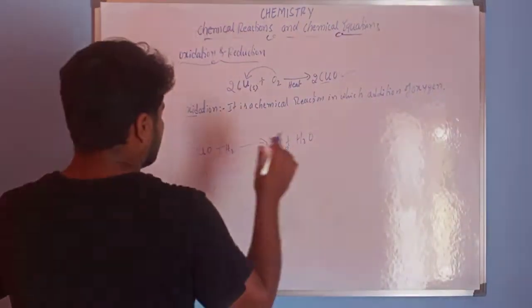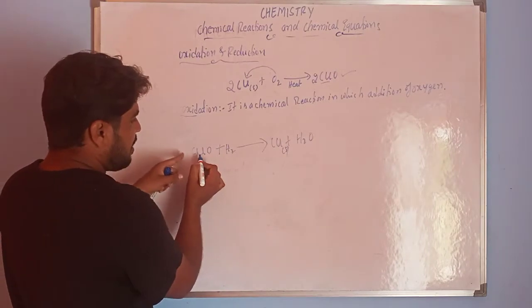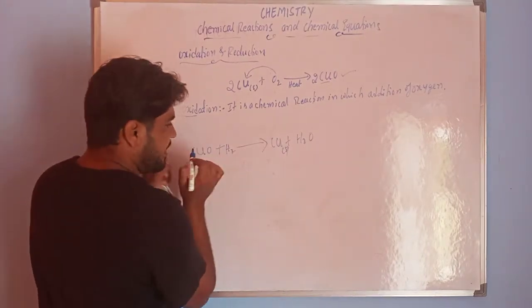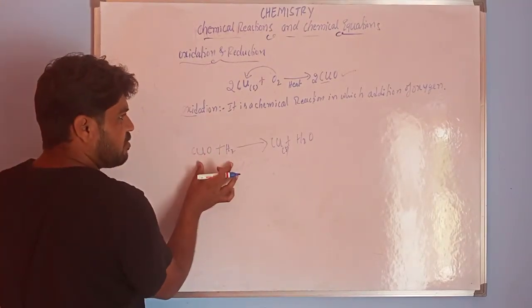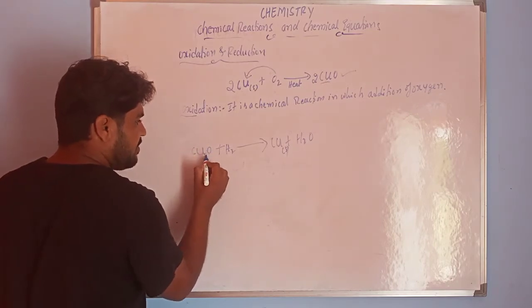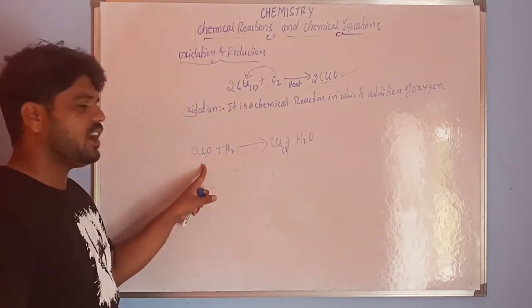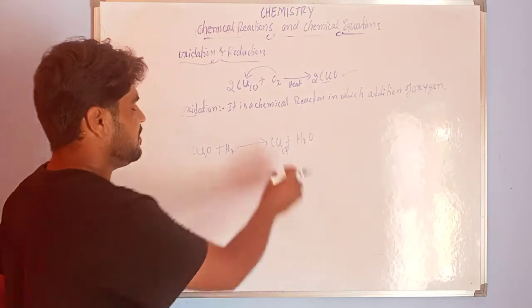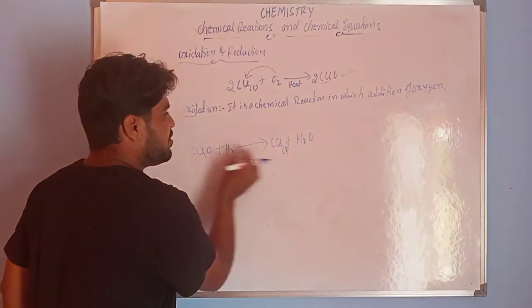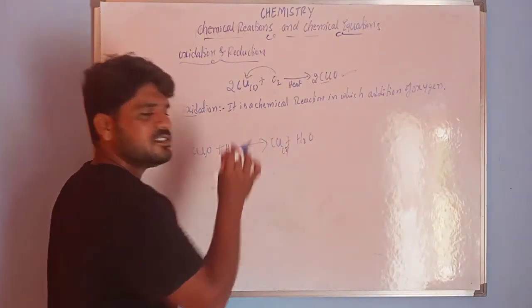CuO, copper oxide, reacts with hydrogen. In this compound, there is removal of oxygen, so after removal we get only Cu in the product.